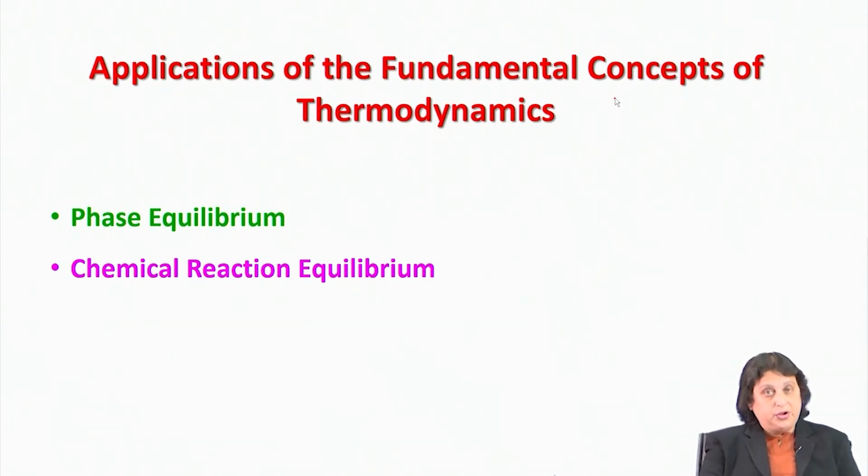And therefore, the beginning of the reaction, the initial state, and the final chemical reaction equilibrium may be considered to be a transfer of matter from one type of component to the other as a result of chemical reaction. And therefore, the same set of considerations apply to both phase equilibrium and chemical reaction equilibrium.